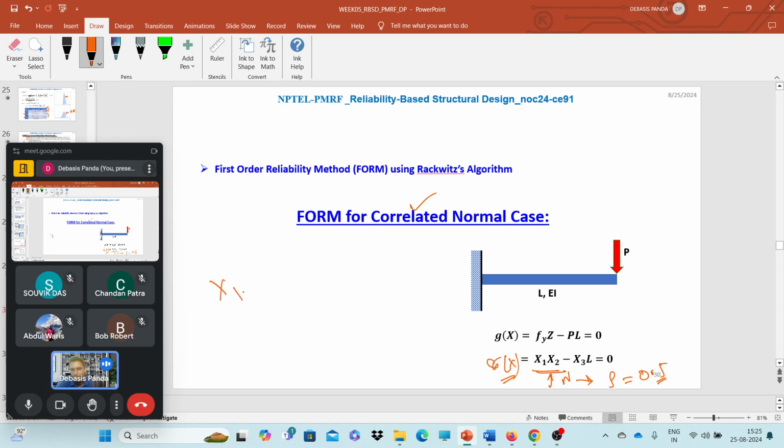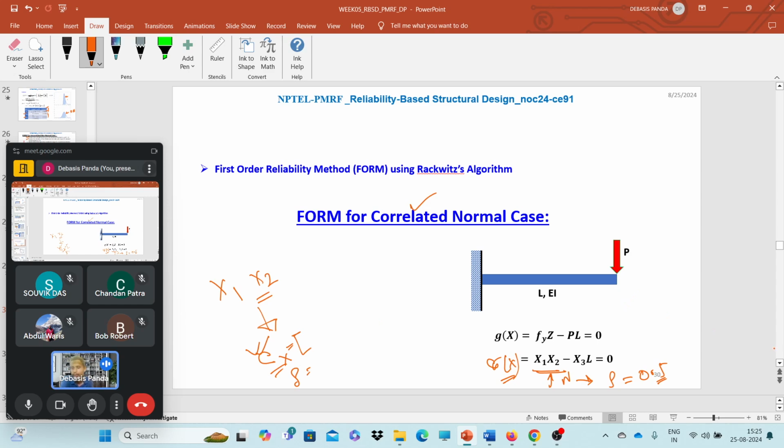Say for example, x1 and x2 are correlated. So how can this correlation be defined? That correlation can be expressed using the covariance matrix or correlation coefficient. So let's stick to the covariance matrix, where the correlation is expressed using that covariance matrix. So first, we need to uncorrelate that random variable.